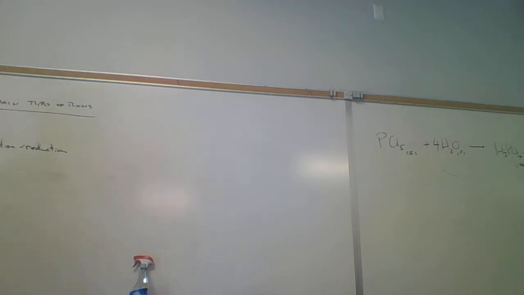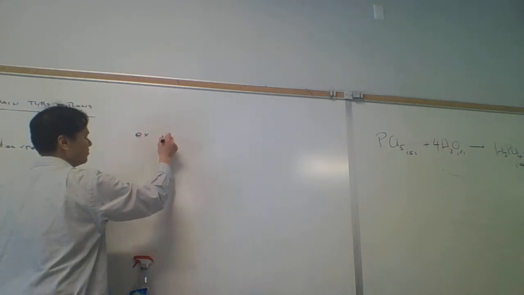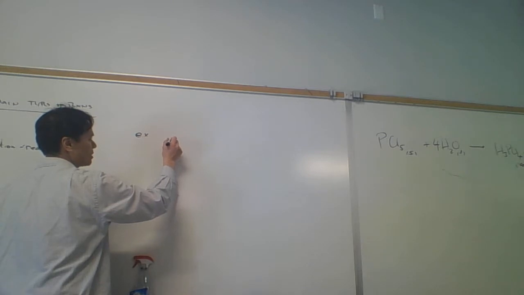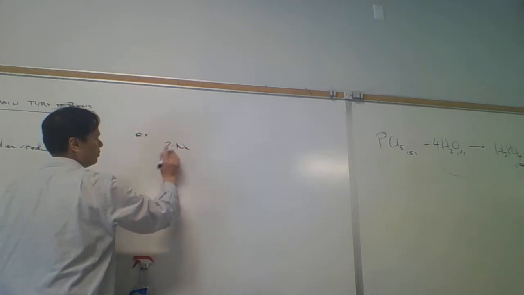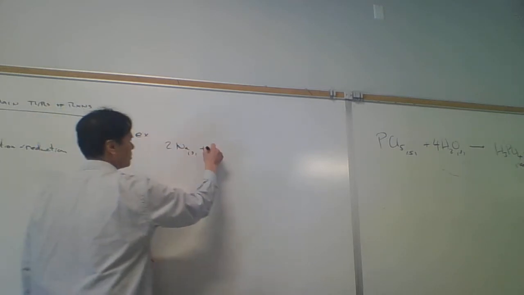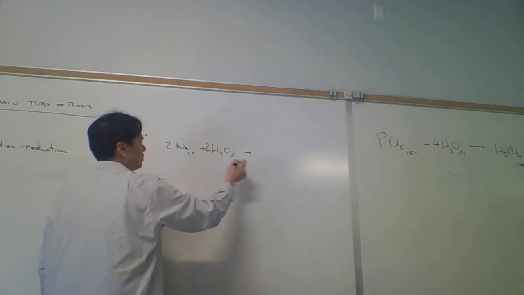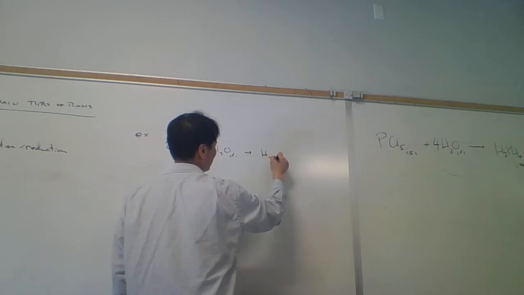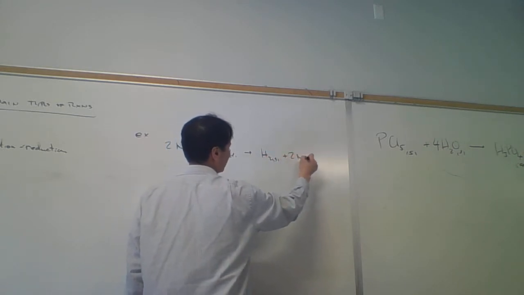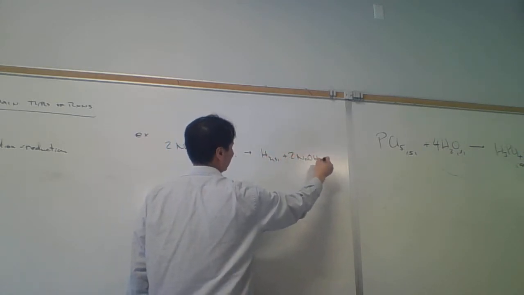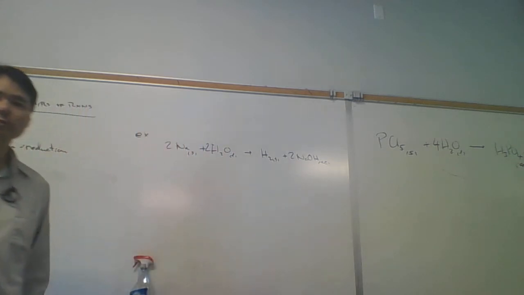So an example of a redox reaction would be something like this sodium hydroxide reaction. We took sodium metal plus water, a liquid, to form H2 gas plus 2 sodium hydroxide aqueous. This is an example of a redox reaction.